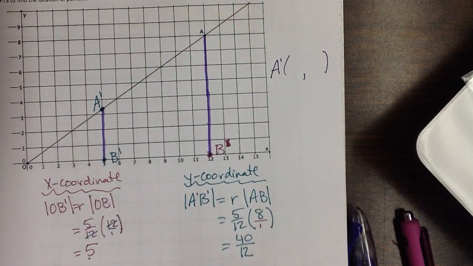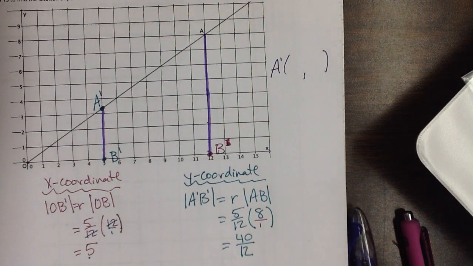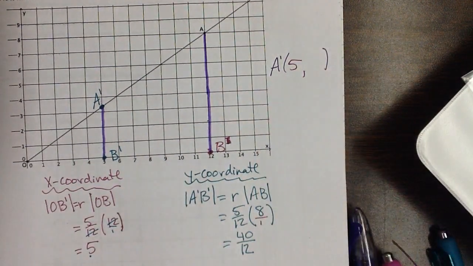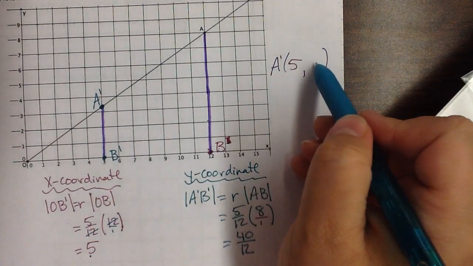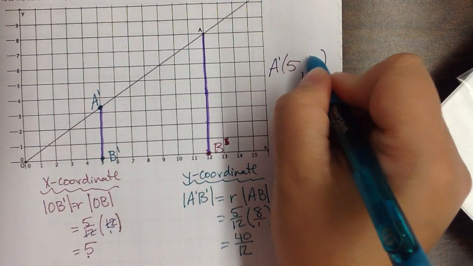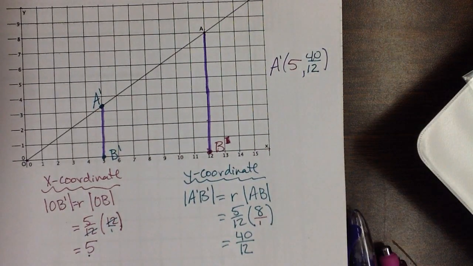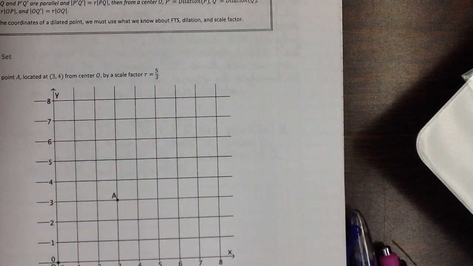So, our exact location for this: our x coordinate, which is the first number, would be 5. And our y coordinate, which is the second number in the coordinate pair, would be 40 over 12. Okay?